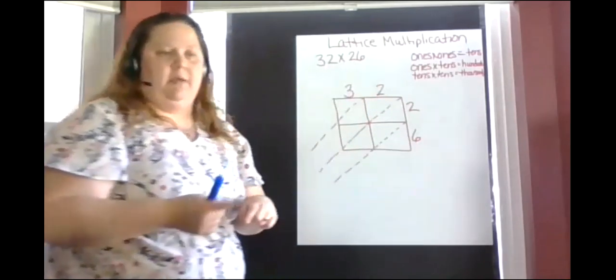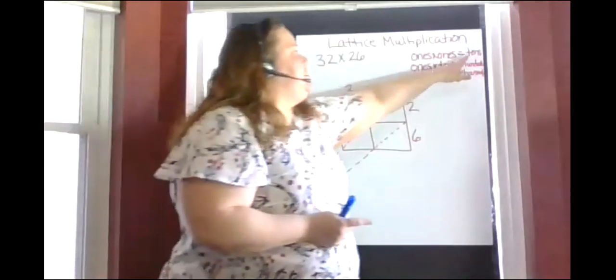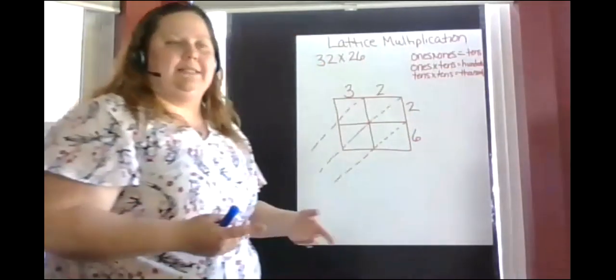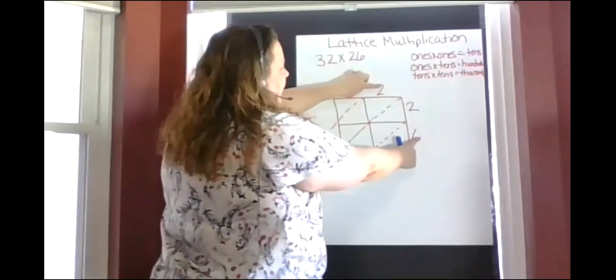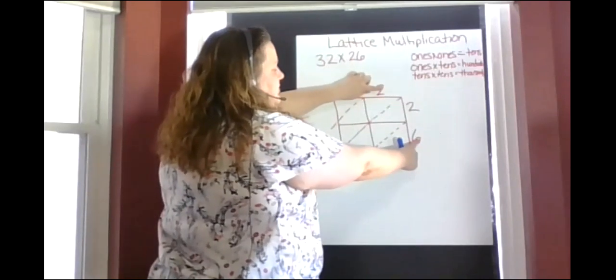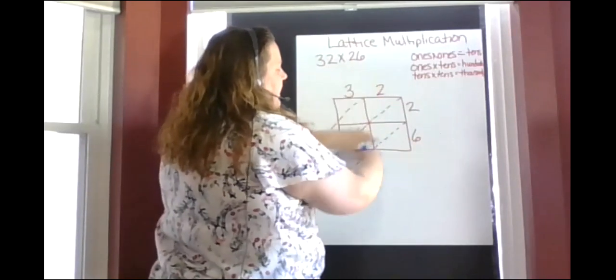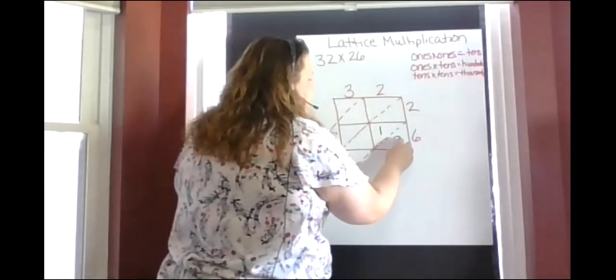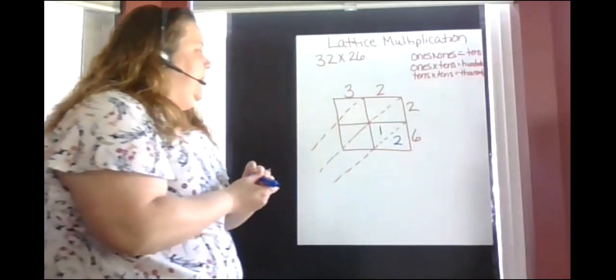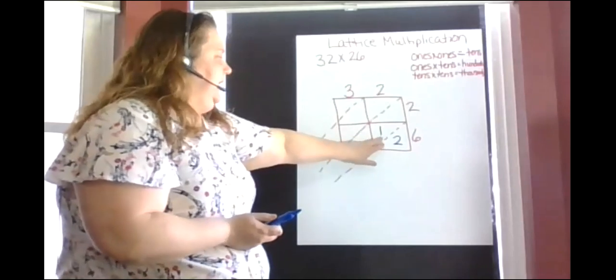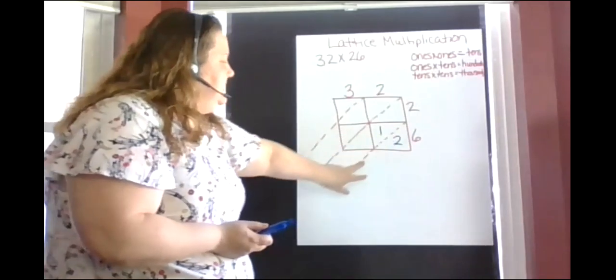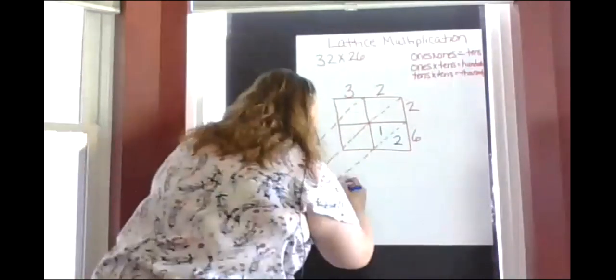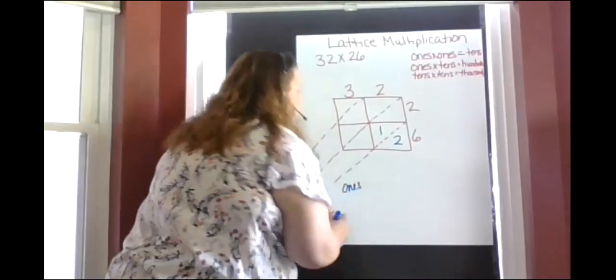And we know that when we multiply 2 ones digits, the largest value we can have is something in the tens place. So when I look at 2 times 6, 2 times 6 is 12. I'm going to write 12 across this divided line because this place right here is actually my ones place.